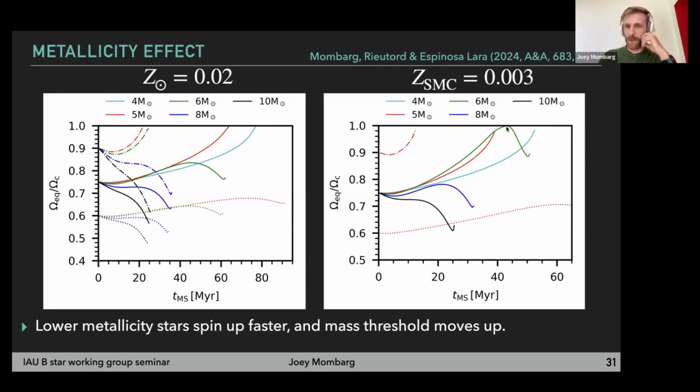We also see that if we compare the ages at which these stars reach critical rotation rate, in lower metallicity environments they reach critical rotation faster, if they do. So, summarized, if we go to lower metallicity, we manage to spin up stars of a higher mass and also in a smaller time frame.